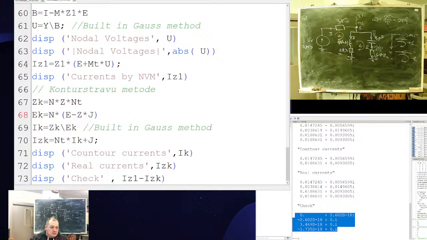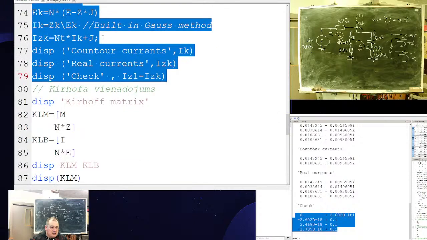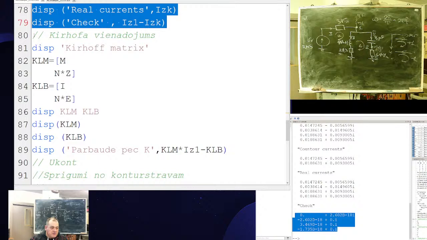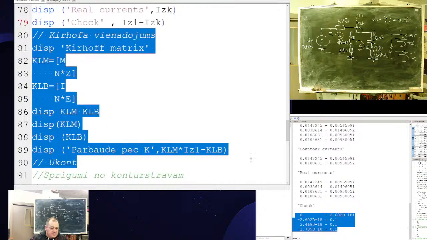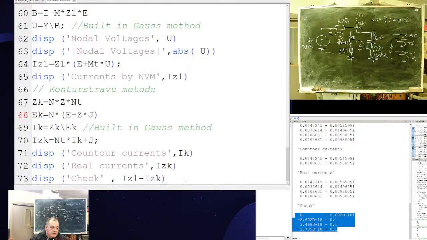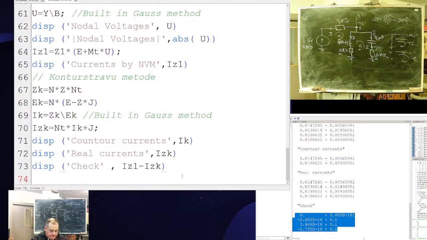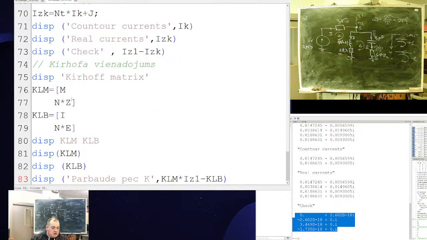Next part. I can add the Kirchhoff equation. This part, you saw it in DC. It's my Kirchhoff's equation. The only difference is I put complex here. And this is all.